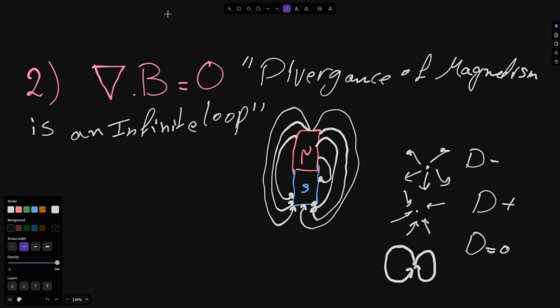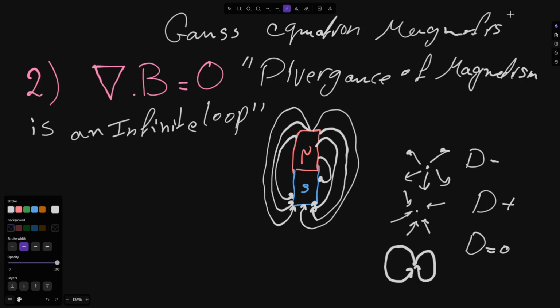So this one is called Gauss's equation for magnetism. Okay, for this equation for magnetism, let's explain it.